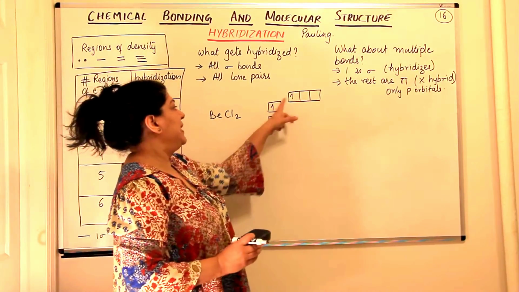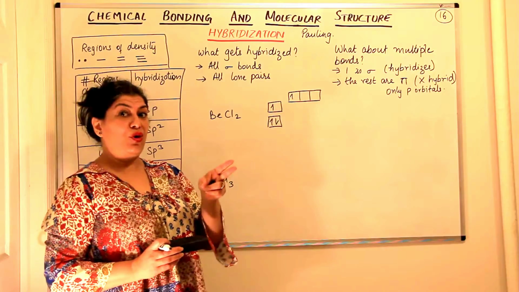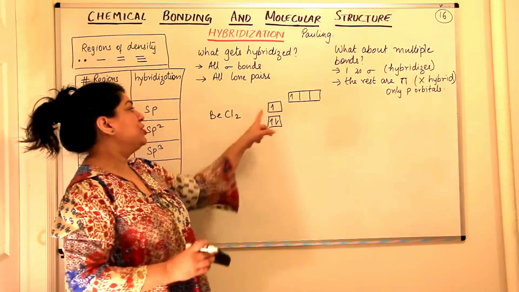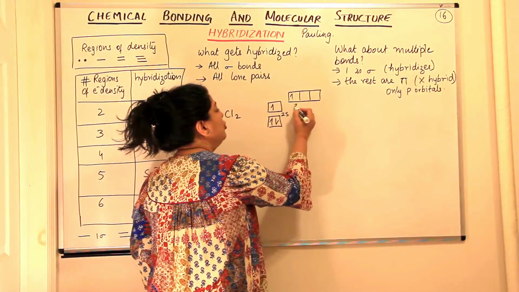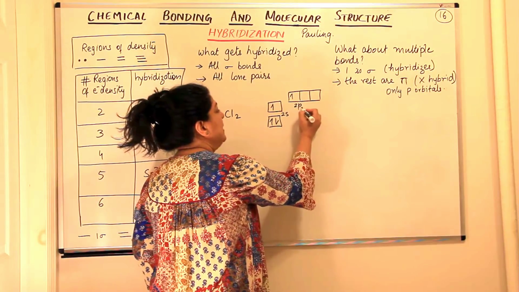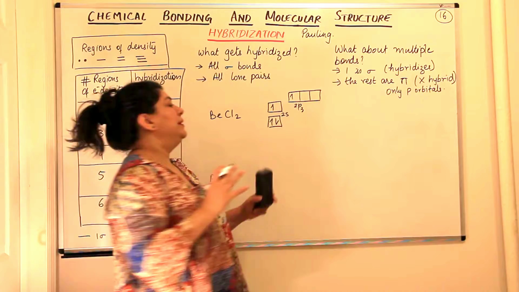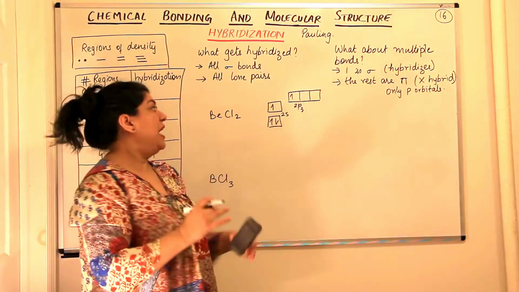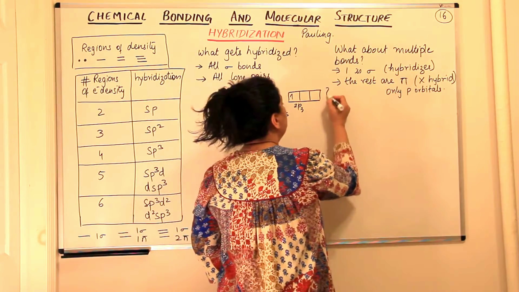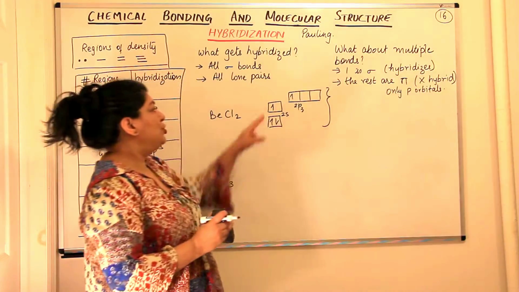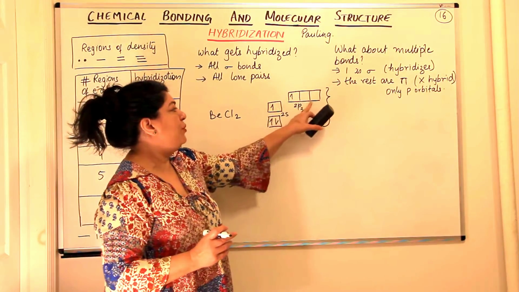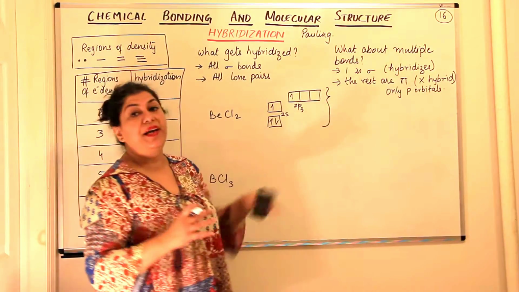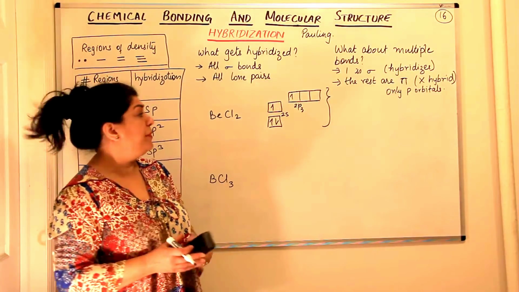In the excited state, both the orbitals are singly occupied and they would merge: one s orbital, that is the 2s orbital, and one orbital of the 2p, that is 2pz, let us say. These two hybridize, and the other 2, px and py, are empty, so they do not participate in hybridization.